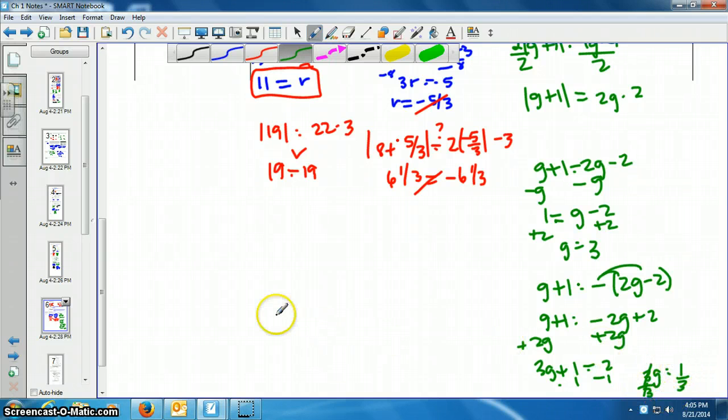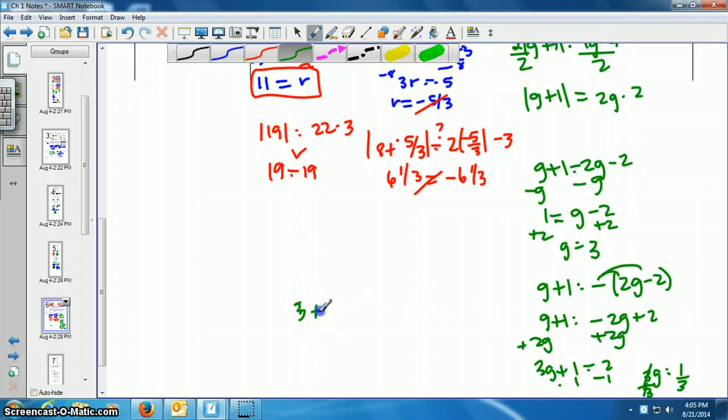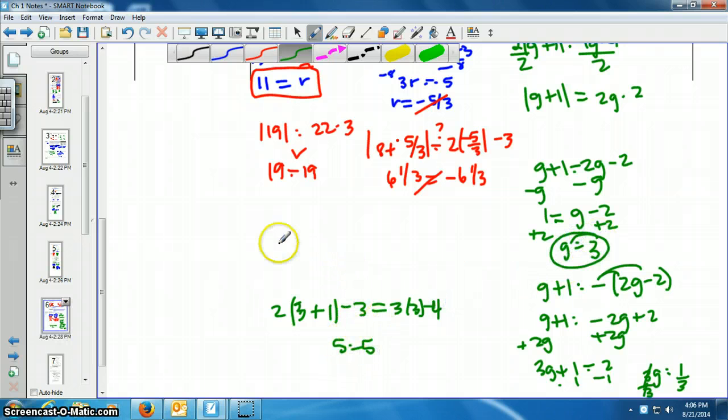So let's plug them back in. So if we took and plugged in 3, it would work. I'll just tell you that right off the bat. But that's what it would look like if we plugged it in, and we would work through it and double check, and we would get 5 equals 5. So yes, g equals 3 is a solution.